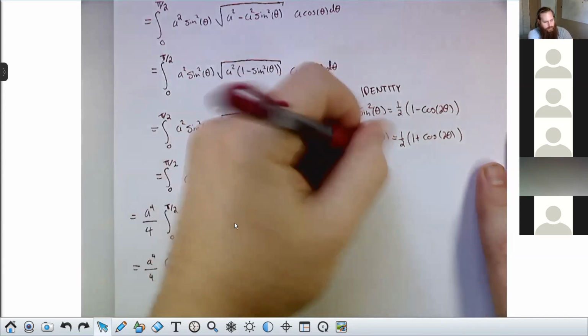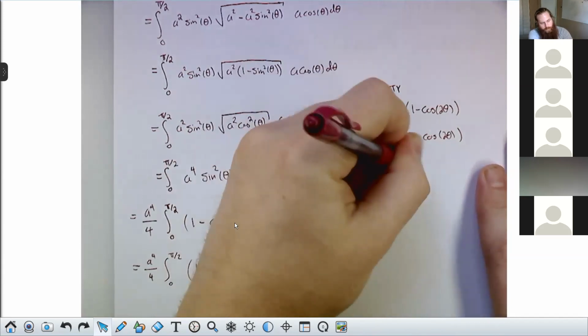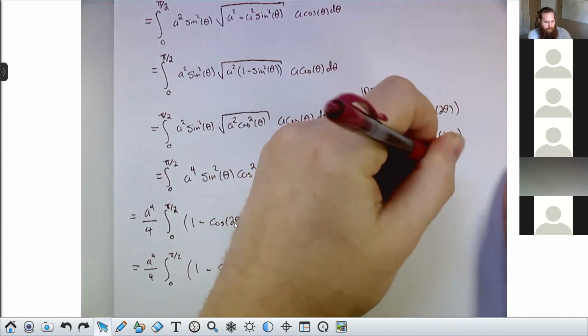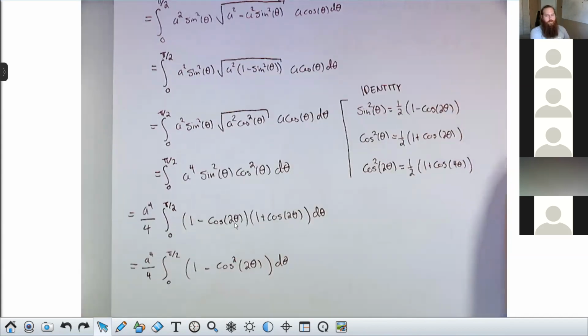And the way we do that is with the modified half angle identity. Cos squared 2 theta is 1/2 times 1 plus cos 4 theta. I just replace theta in this line by 2 theta. If you swap theta for 2 theta, then the theta on the left becomes a 2 theta, and the 2 theta on the right becomes a 4 theta.